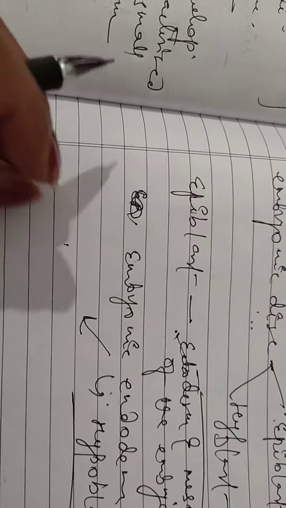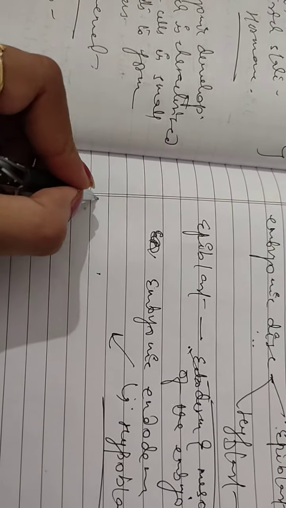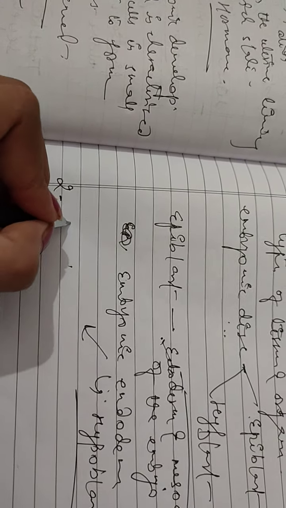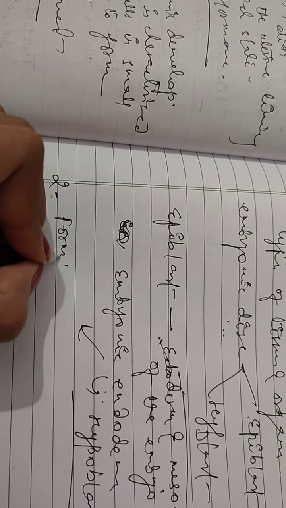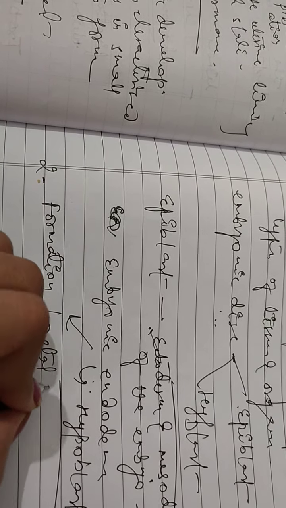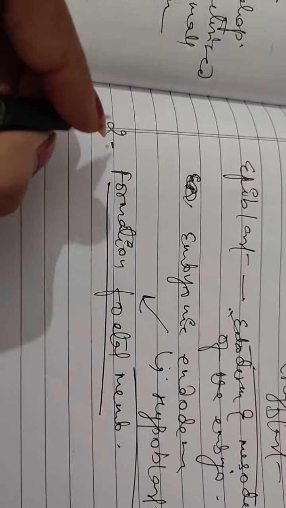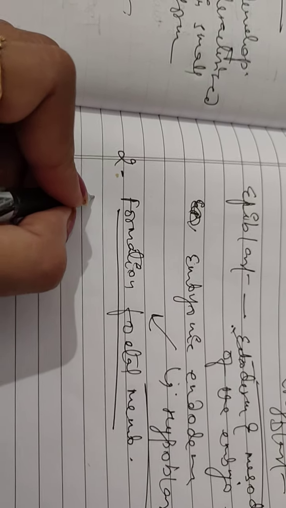So in this regard, first, we have seen the formation of germinal layers, and the second process is called formation of fetal membrane.